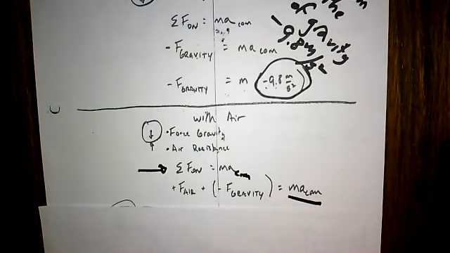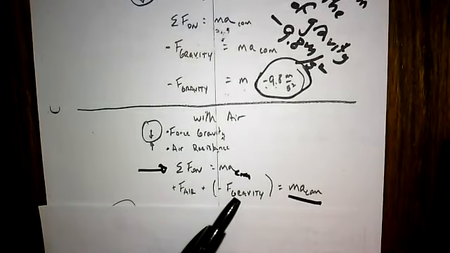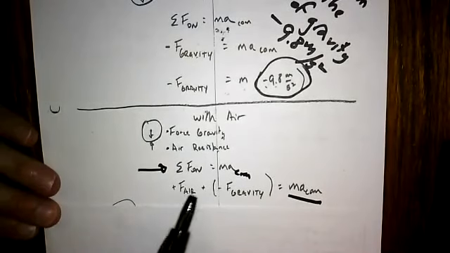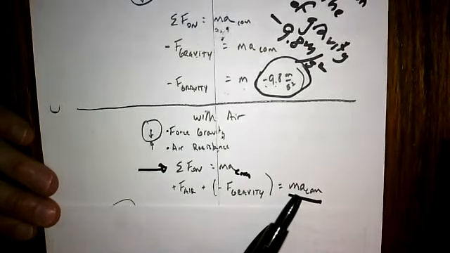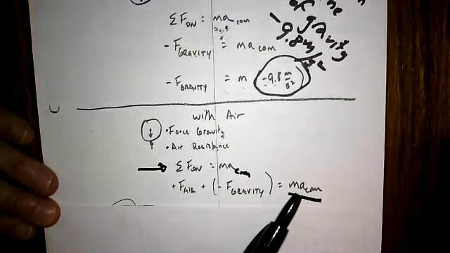That's a negative acceleration. That means the force of gravity is greater than the air resistance. But at some point, the air resistance gets to be the same magnitude as the force of gravity. And when that happens, these two add up to zero acceleration. That means constant velocity. That's terminal velocity.